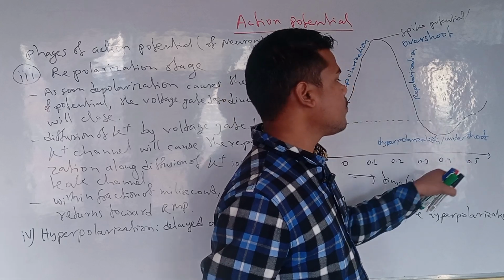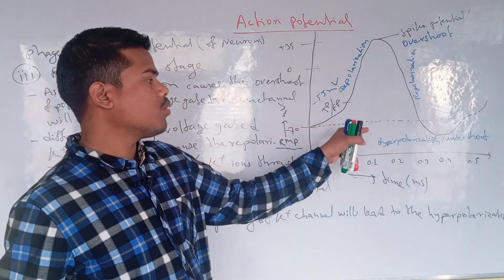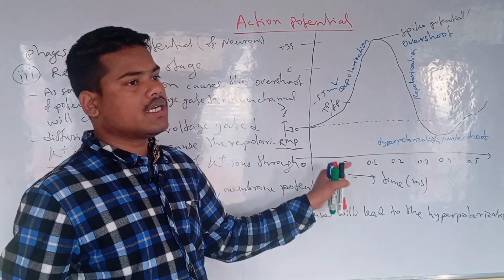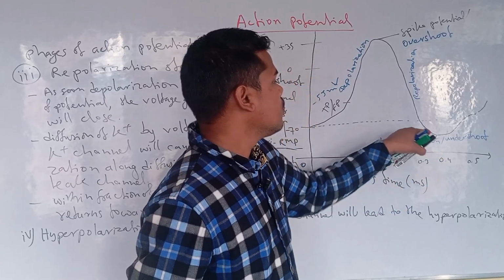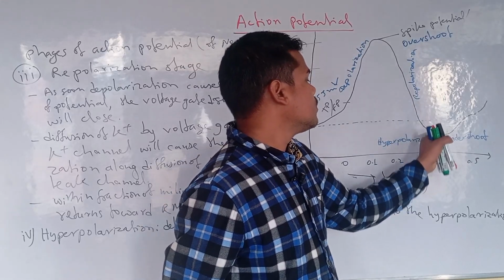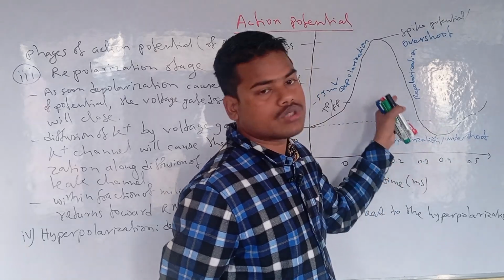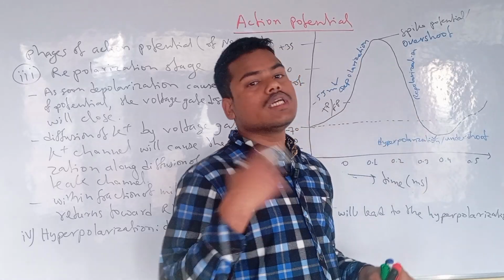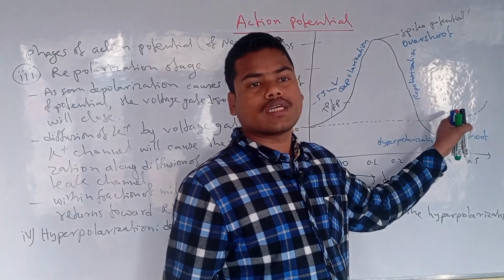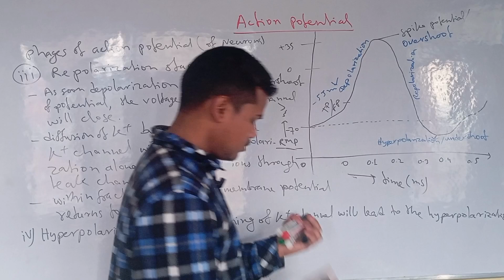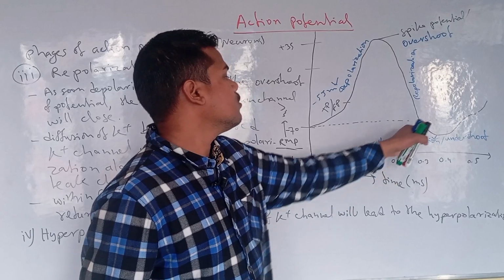And after that the sodium potassium pump will get activated, and the disrupted concentration of the potassium and sodium inside and outside will be re-established by the sodium potassium pump, sodium potassium ATPase.